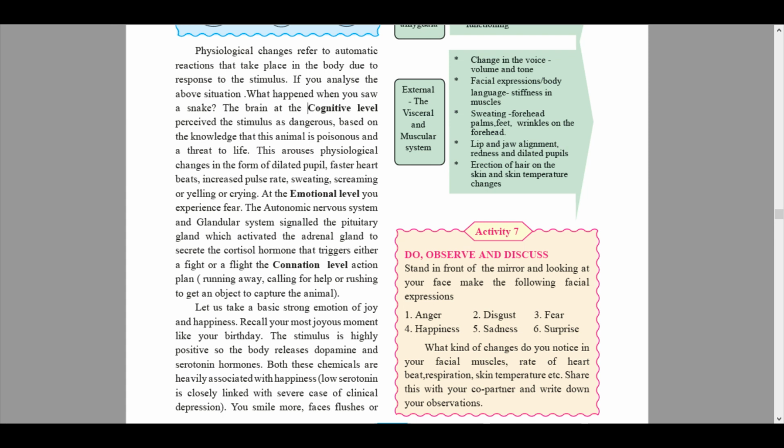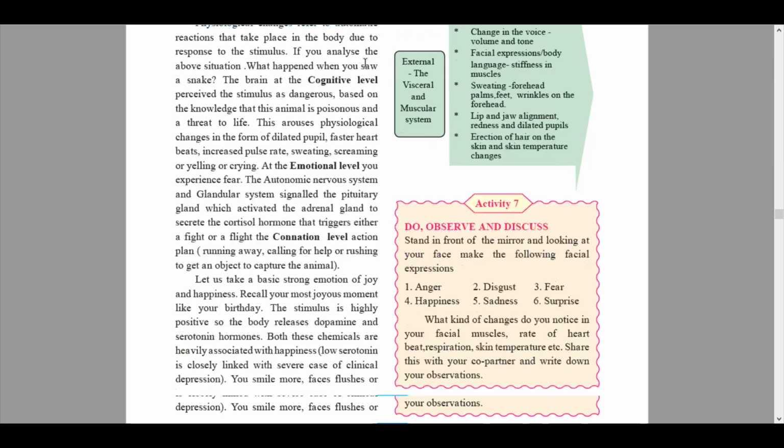As we had learned, what is depression and what causes depression, here we know that a drop of confidence is linked to what causes our depression. So low serotonin is closely linked to a severe case of clinical depression.